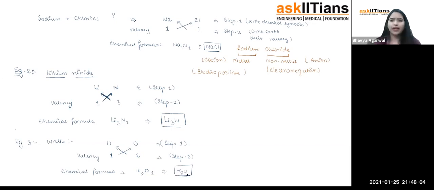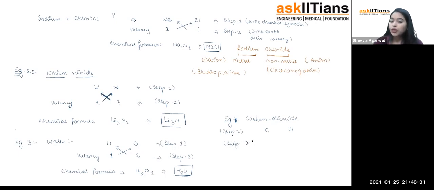Right? That's it. Same way, I'll take one more quick example, and that is something which you have been doing for so long. Carbon dioxide, right? Carbon dioxide. So, in order to write it again, step 1 is to write the symbols, carbon and oxygen.